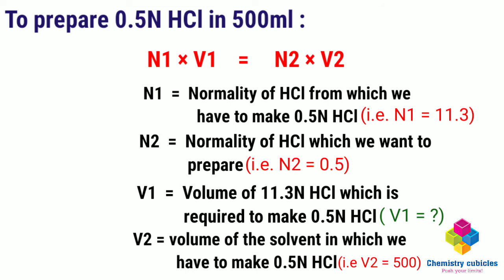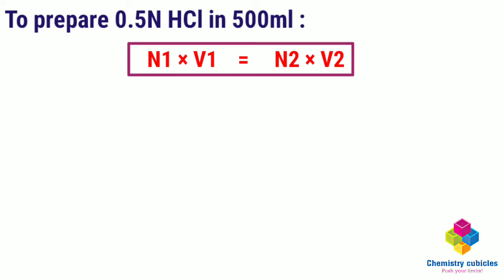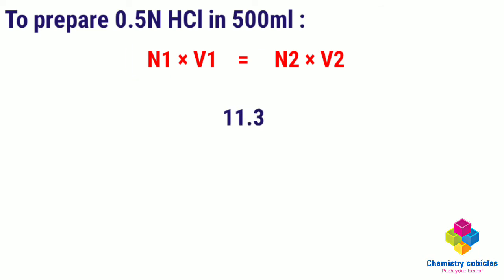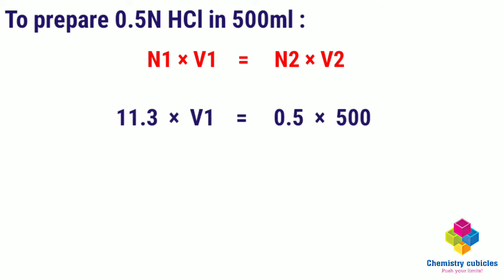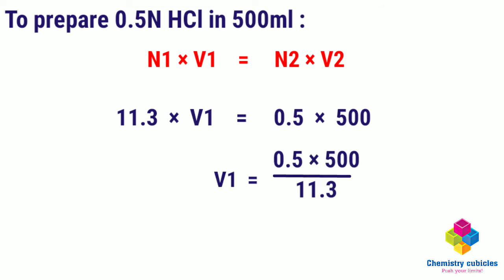Now, putting all these values in the above relation, we get N1, which is 11.3, into V1, which we have to calculate, is equal to N2, which is 0.5, into V2, which is 500 ml. Hence, V1 comes out to be 0.5 into 500 divided by 11.3, which is 22.12 ml.